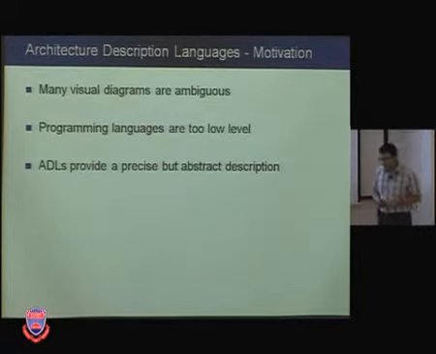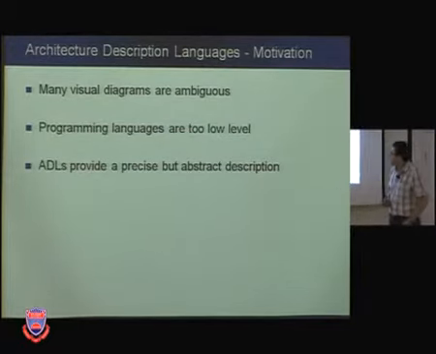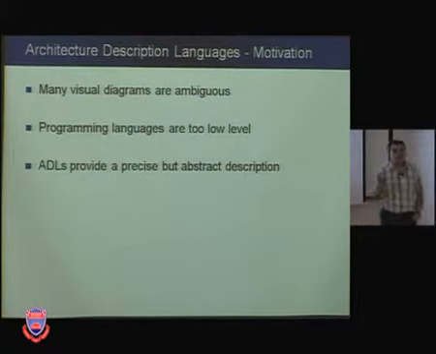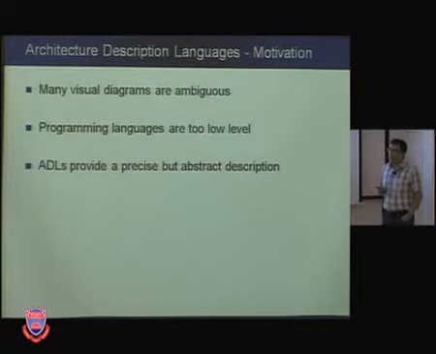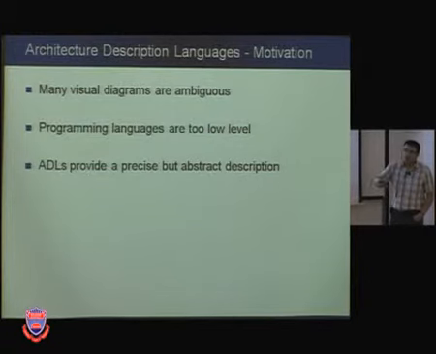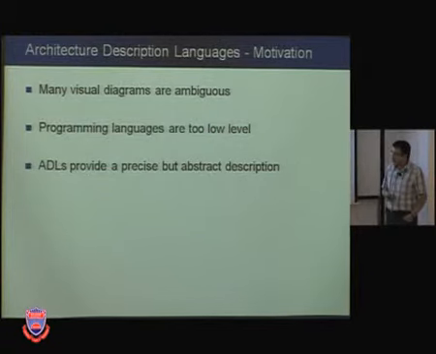Architectural description languages we have considered. The primary motivation was that visual diagrams, no matter how precisely you model them, could still be ambiguous. So we would like to define these in more precise notations, but not as a programming language because they are too low level.